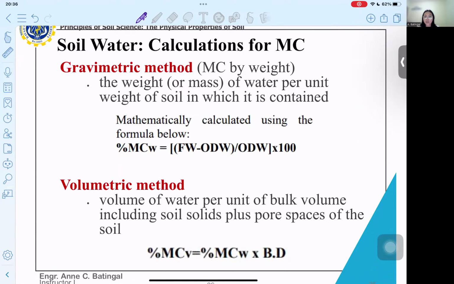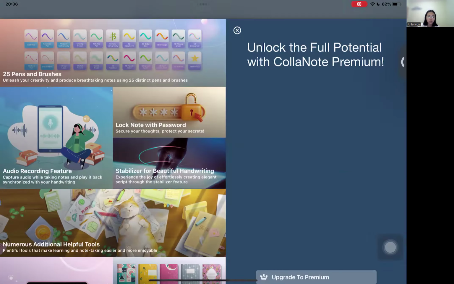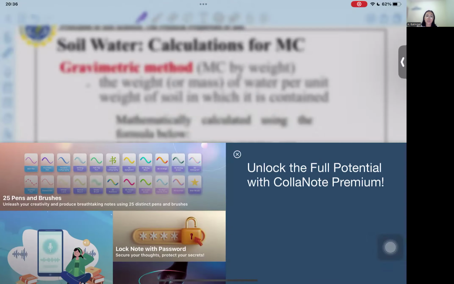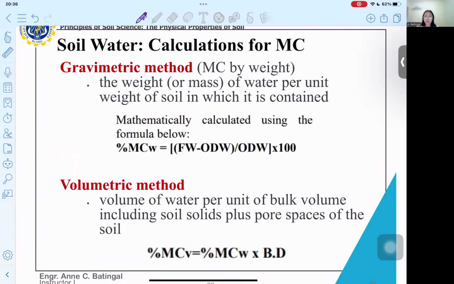And you have your volumetric method. Now, volumetric method refers to the volume occupied by the water compared to the total bulk volume of your soil, including the pore spaces.